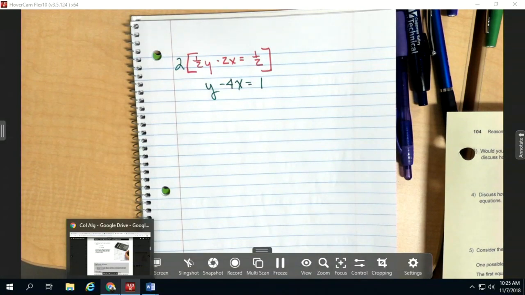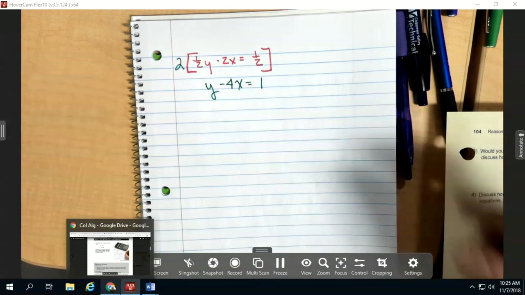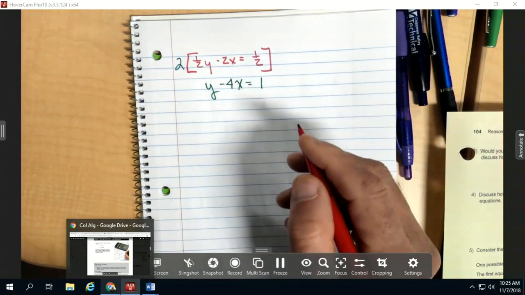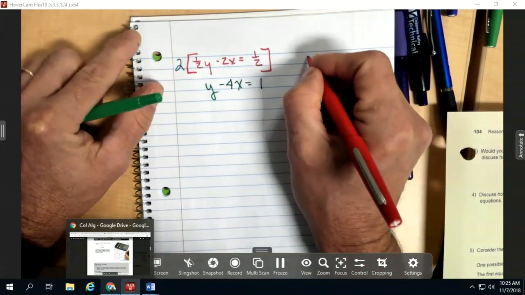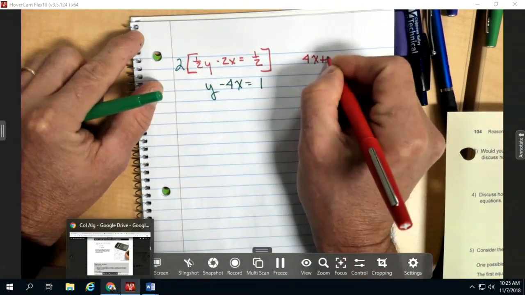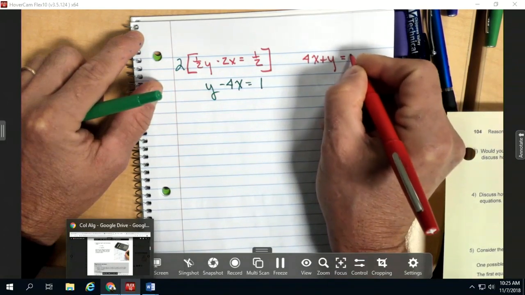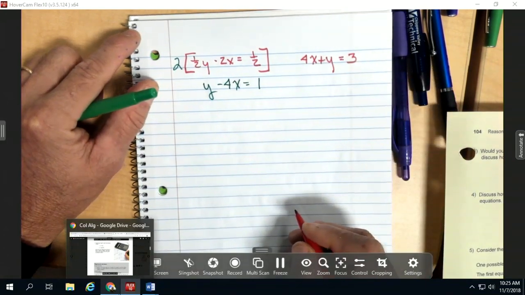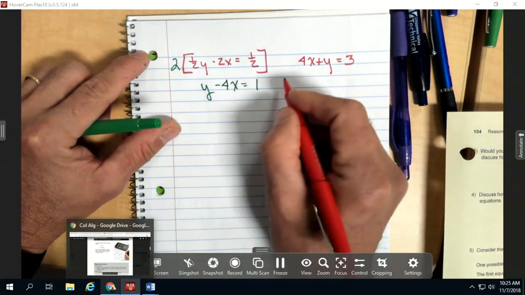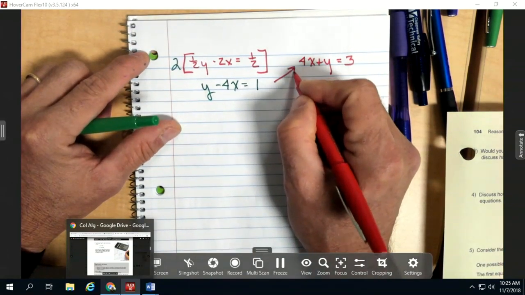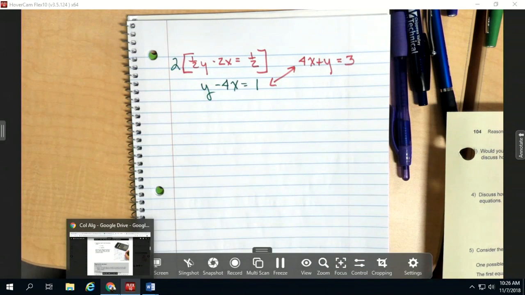Now, here's something else that confused somebody. They said, well, if I multiply that equation by 2, don't I have to multiply the other equation by 2? Well, no, because all we need to do is to get these two equations written differently.